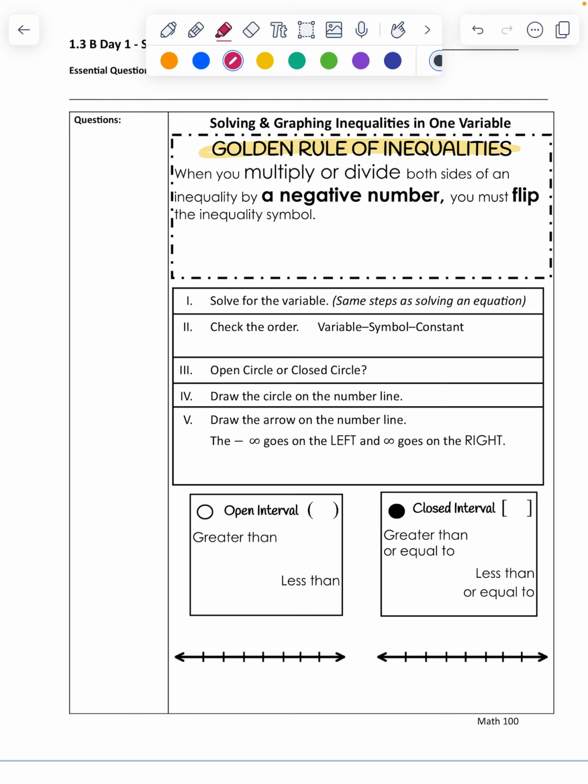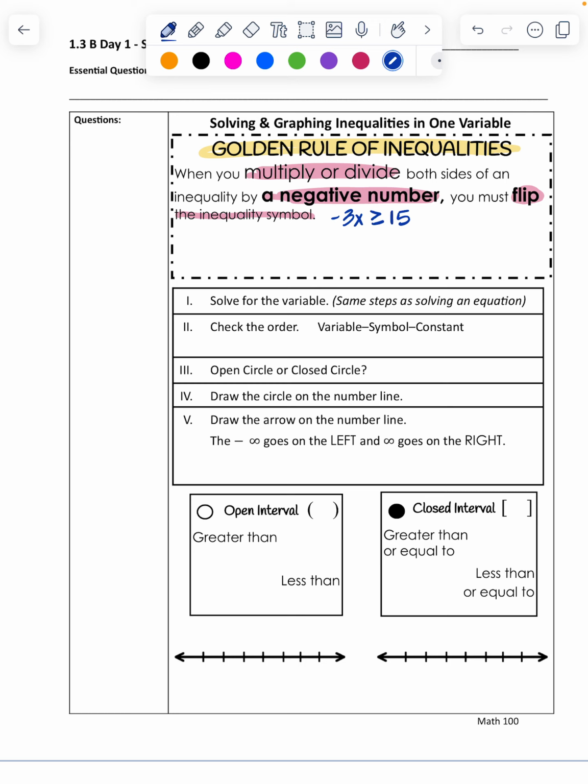When you are solving and you multiply or divide by a negative number, you must flip the inequality symbol. For example, if I have negative 3x is greater than or equal to 15, I'm going to follow the normal steps for solving an equation.